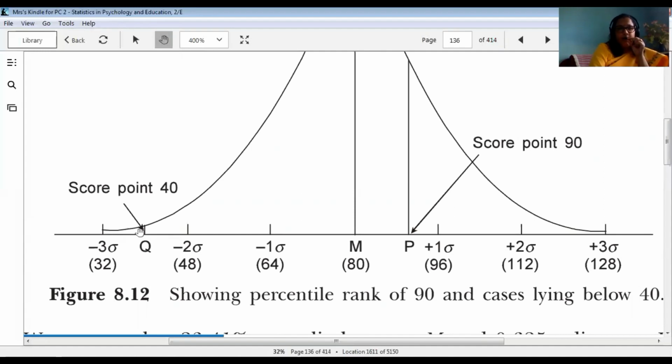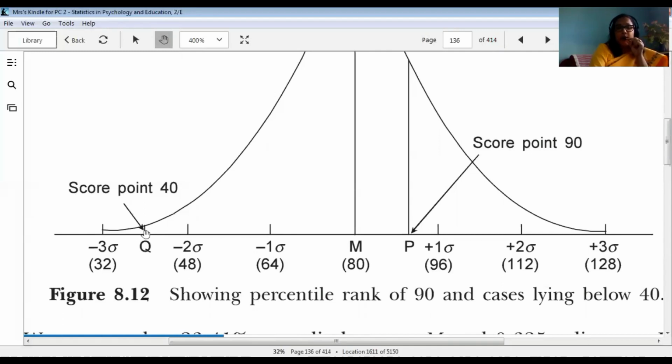Okay, here what we did, we converted this raw score into sigma score, which we found as minus 2.5 sigma, and it is the position of minus 2.5 sigma. And then we found out the percentage of cases from the normal curve table, which we found as 49.38%.